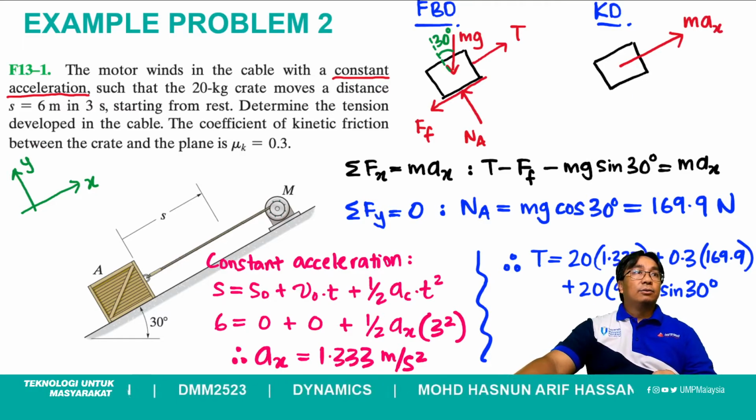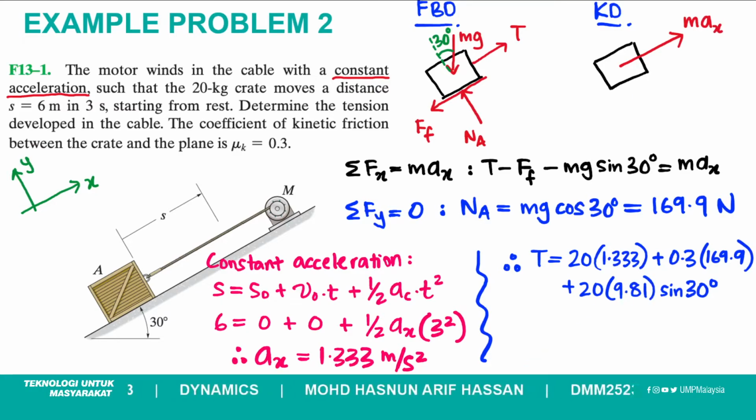Okay, so we can then substitute all the values in the first equation above to get the value of T. So T is equal to M times AX, which is 20 times 1.333. We can bring friction to the right, becomes plus friction, which is mu K 0.3 multiply with N, 169.9.